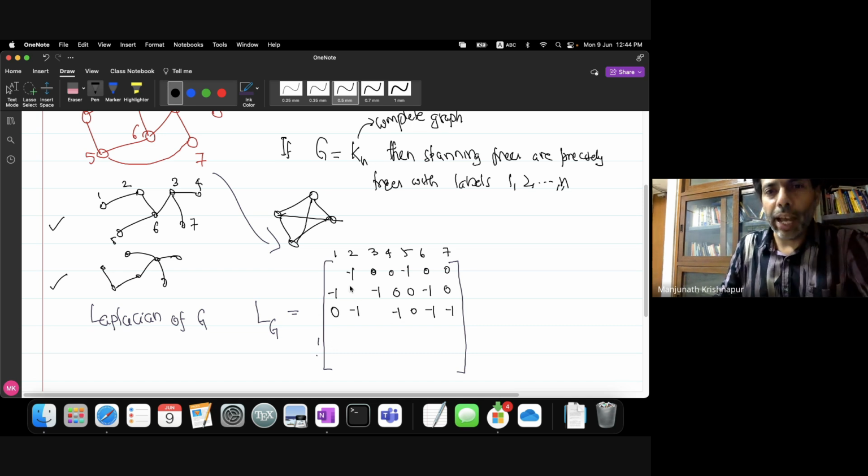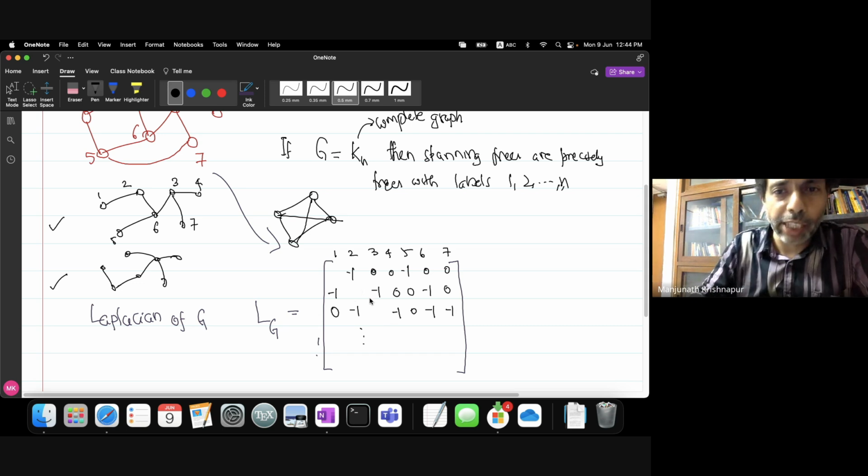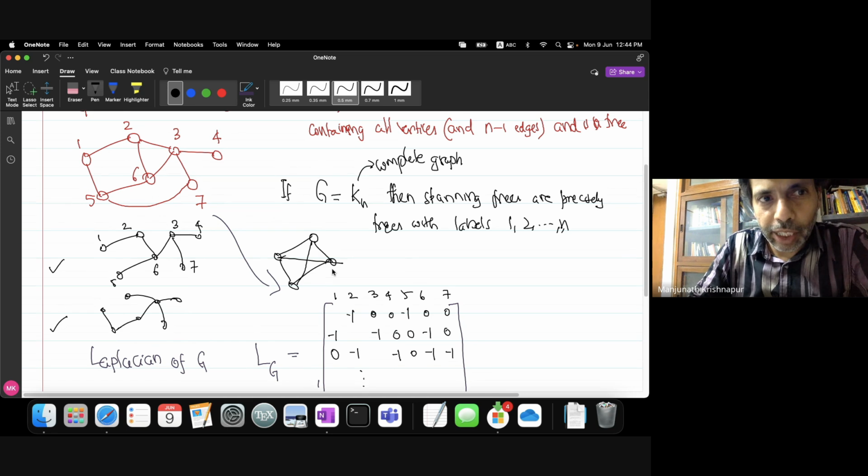Now, what is on the diagonal? I hope the description of the off-diagonal entries is clear. On the diagonal, we put the degree, that is how many edges are coming out. So for 1, it is 2, because 2 edges are coming out of 1, which makes the row sum 0. That's all. 2 is connected to 3 things, so it is 3, and 3 is connected to 4 things, so it is 4 here.